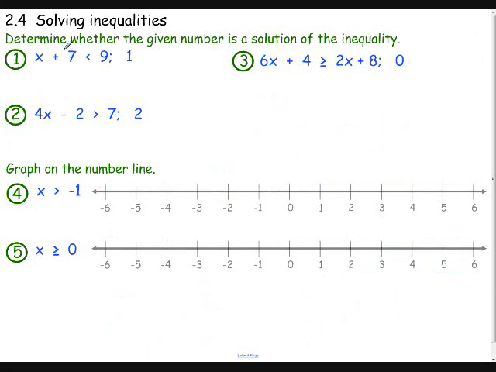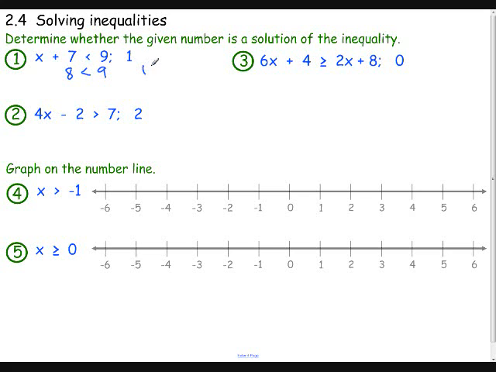Determine whether the given number is a solution. Well, one way to do that is to simply plug the number in. If x were equal to 1, what would we have on this side? We'd have 8. And then you look at your statement and say, is that true? 8 is less than 9.